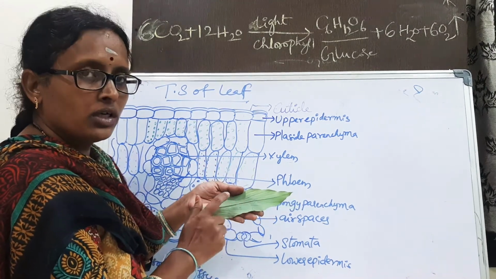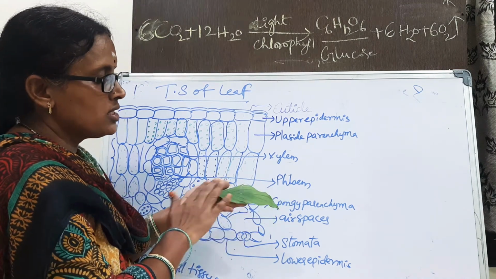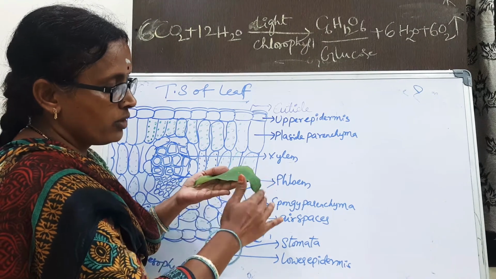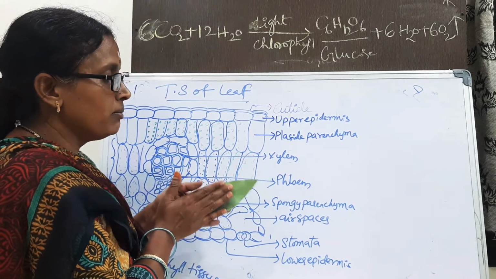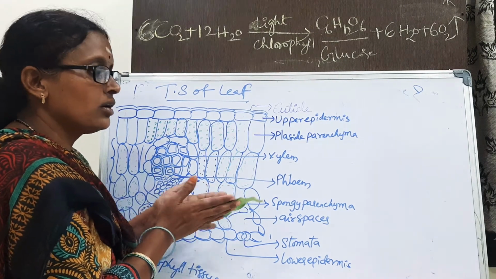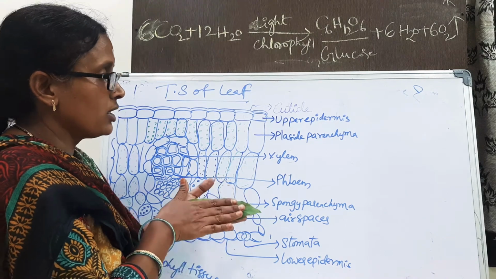Below that, it is somewhat less green. The reason is that on the upper side more chlorophyll pigments are present, and on the lower side fewer. Chlorophyll pigments give the green color. That is the reason the upper surface is more green.